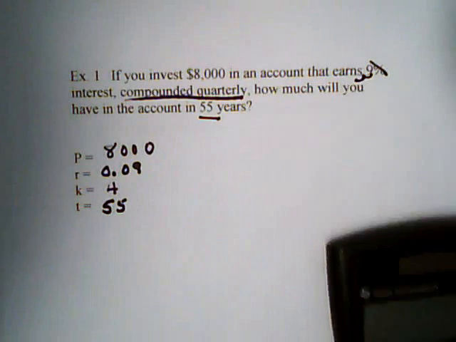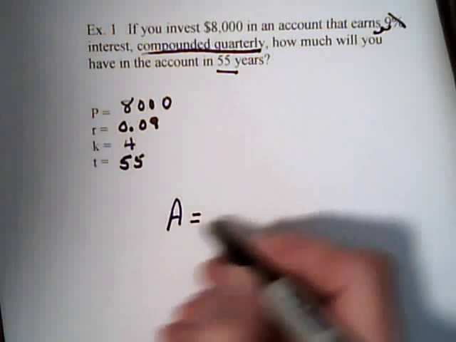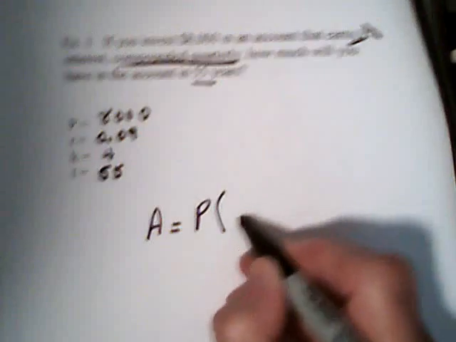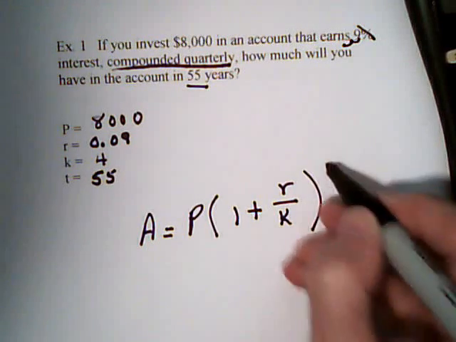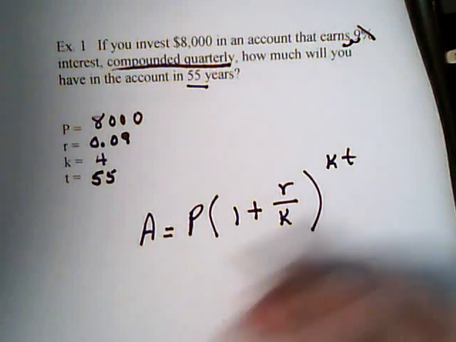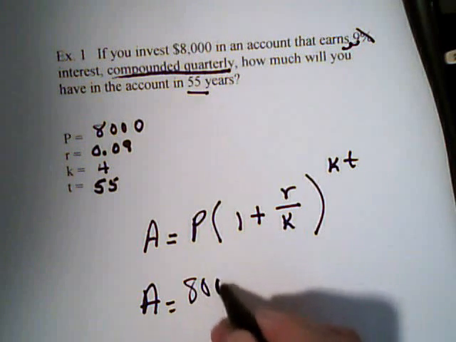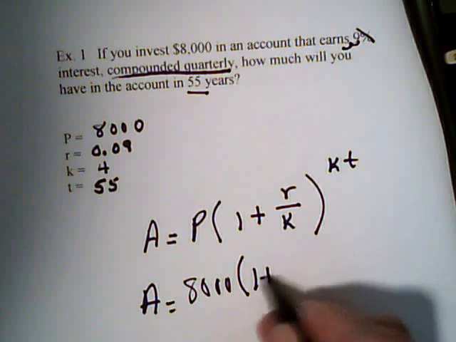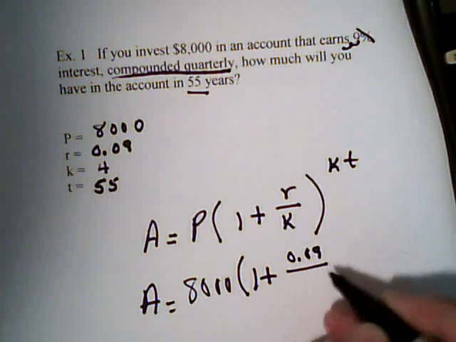Now let's go to our formula. Remember, it said that A is going to equal P times 1 plus R divided by K, all raised to the KT power. And let's substitute. P is going to be $8,000. 1 plus R is 0.09.